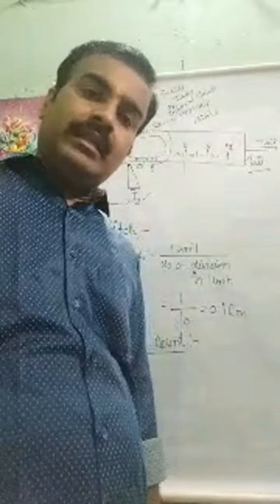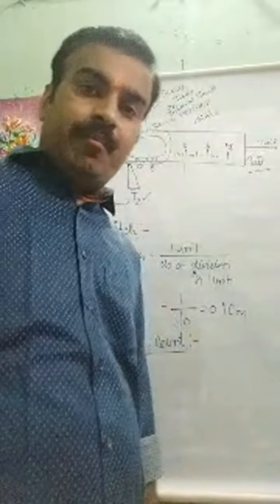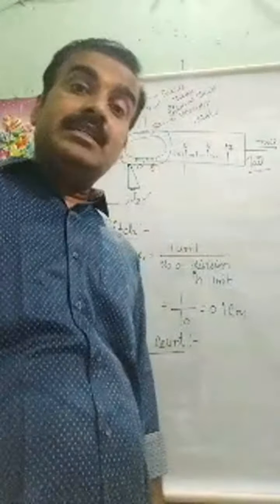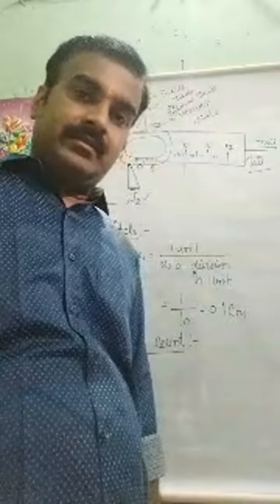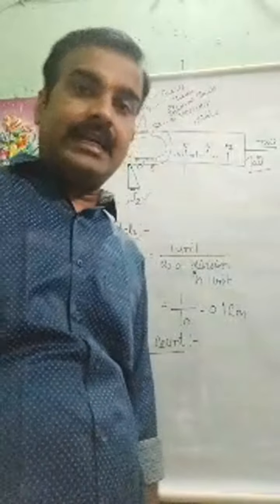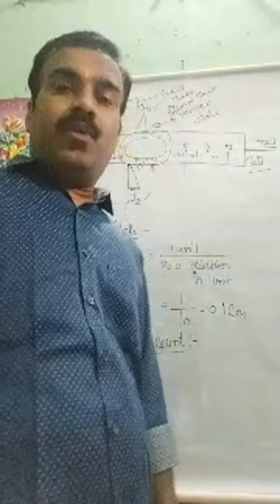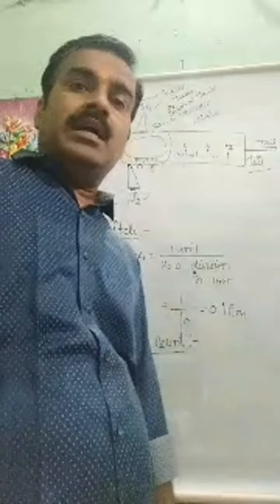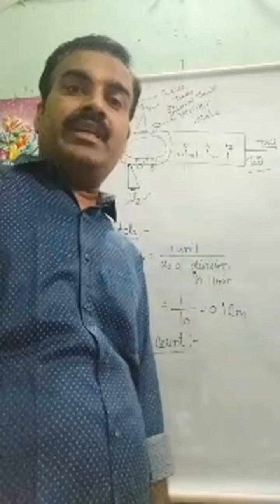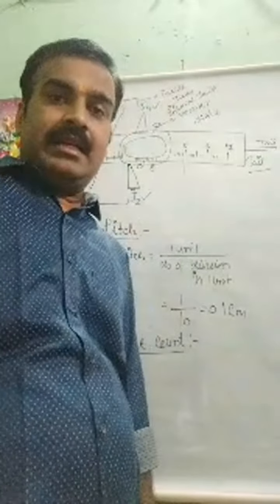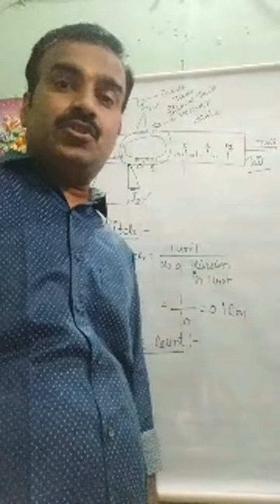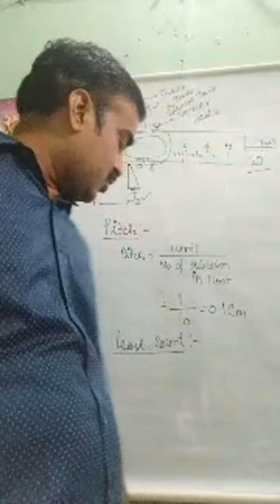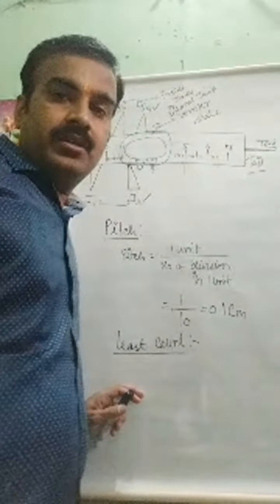Again listen: the smallest value which can be measured by an instrument accurately is called least count.